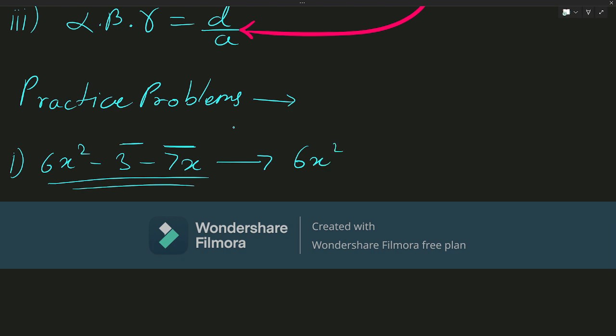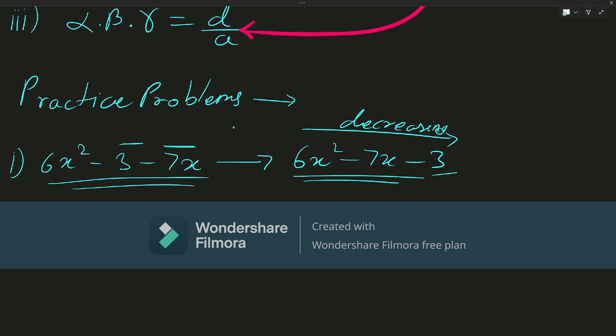It should be 6x square minus 7x minus 3. Always remember to follow the flow. The flow is bigger to smaller, so it will be in decreasing order. And yes, in the last term of the polynomial, there won't be any variable x, y, z, anything. So you can also identify it like that.